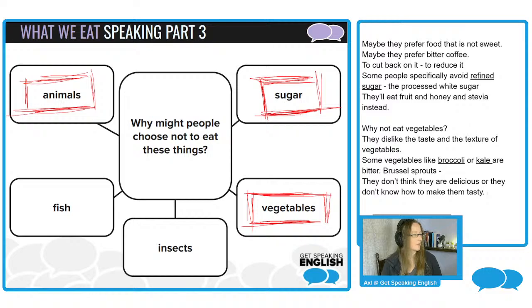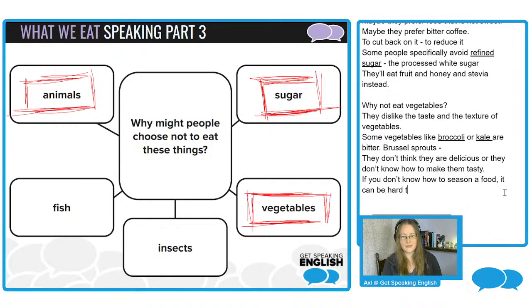Oh, that's a good word. Yeah, if you don't know how to season a food, it can be hard to make it palatable.